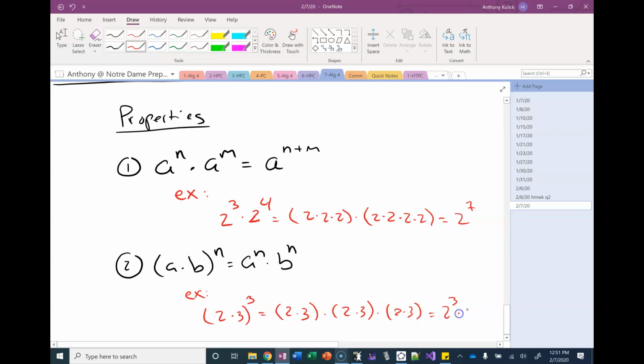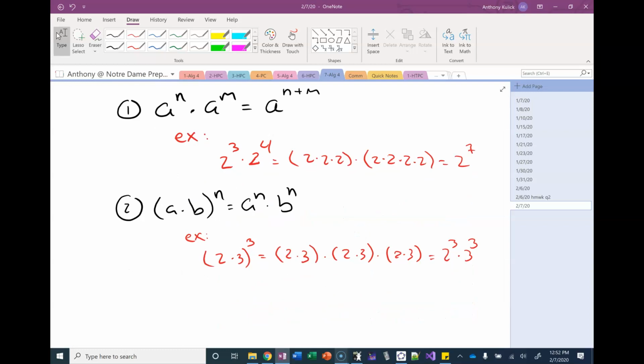I have 3 2's and I have 3 3's. Right? So these little examples, this is not how you would do the problem. You want to use the property to do the problem. I'm just showing you why the formula that I've written down holds, using our definition of what an exponent means to verify those properties for us.